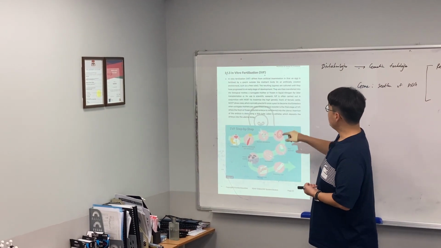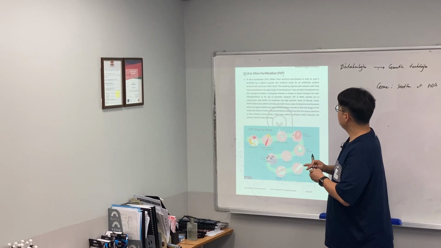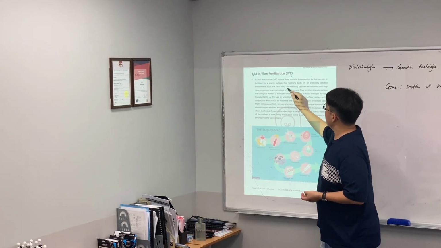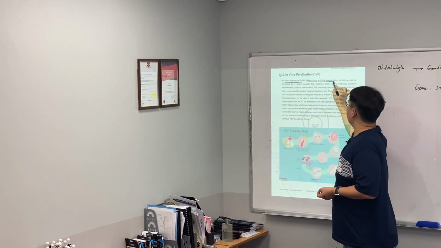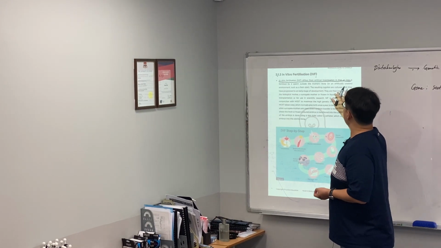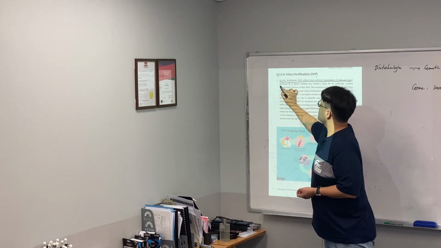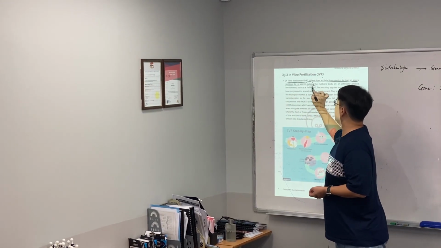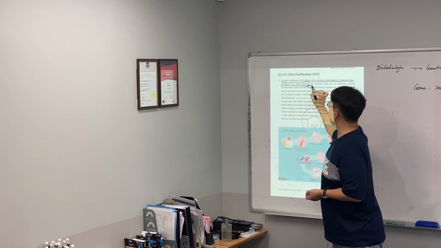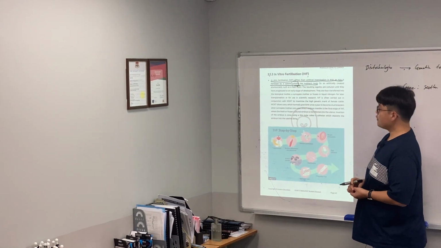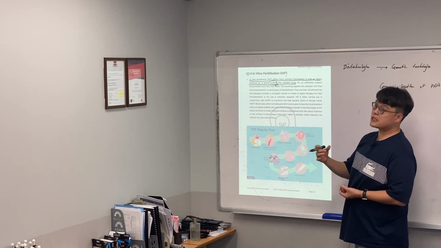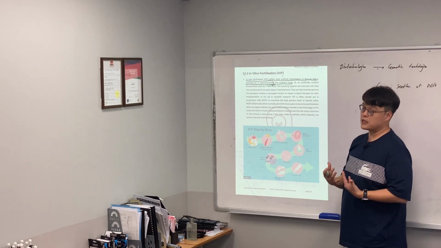So IVF, let me highlight this, differs from artificial insemination in that the egg is fertilized by the sperm outside the mother's body. Artificial insemination means inside the female, but this is outside.